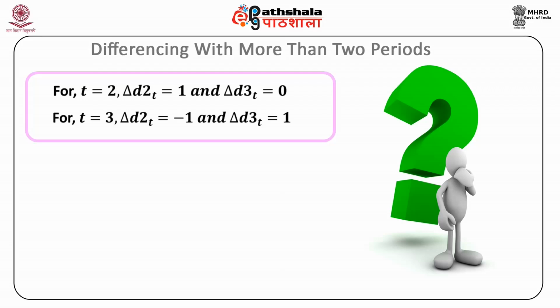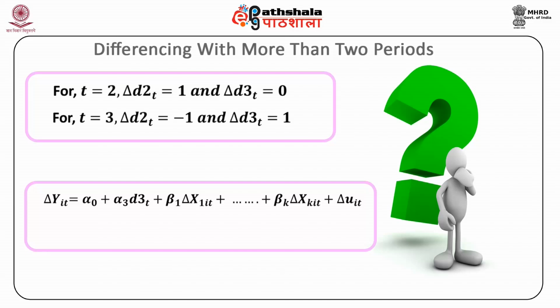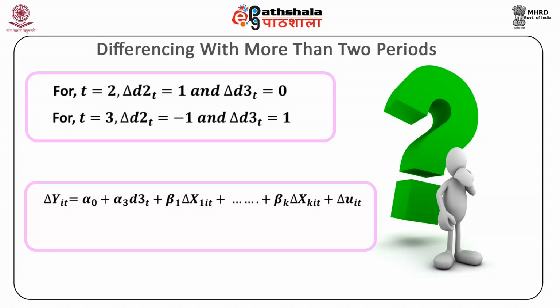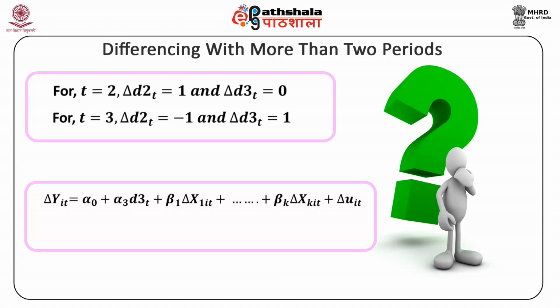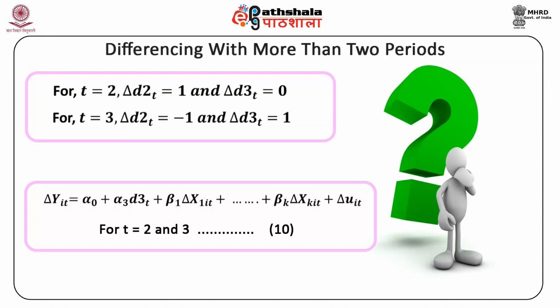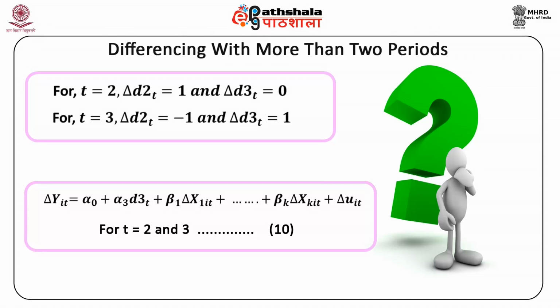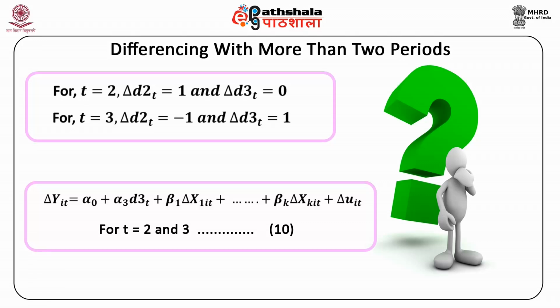Usually for third period, the model will be like this, where we have delta y_it equal to alpha_0 plus alpha_3 d3_t plus beta_1 delta x_1it plus so on up to beta_k into delta x_kit plus delta u_it for t equal to 2 and 3. This is our equation 10. Similar exercise can be done for the case when time period is more than 3.